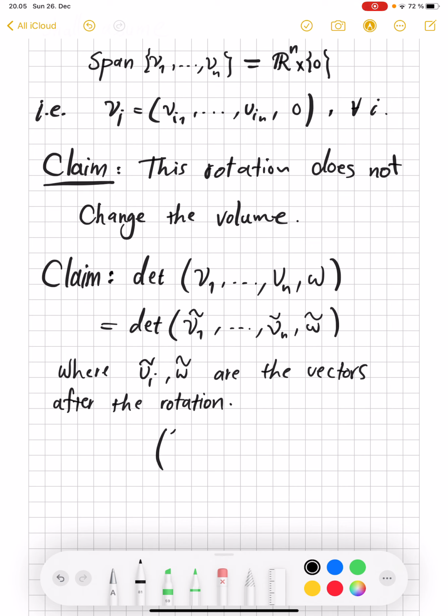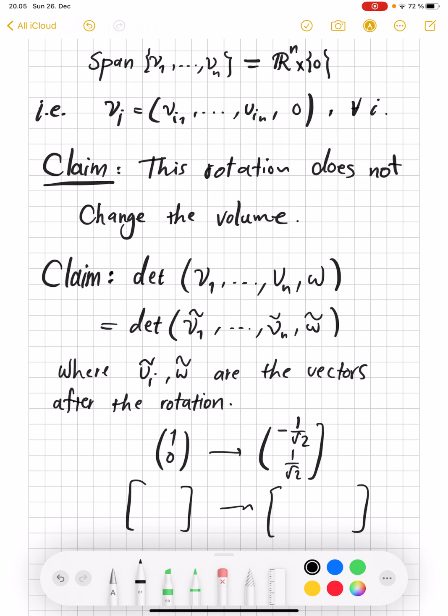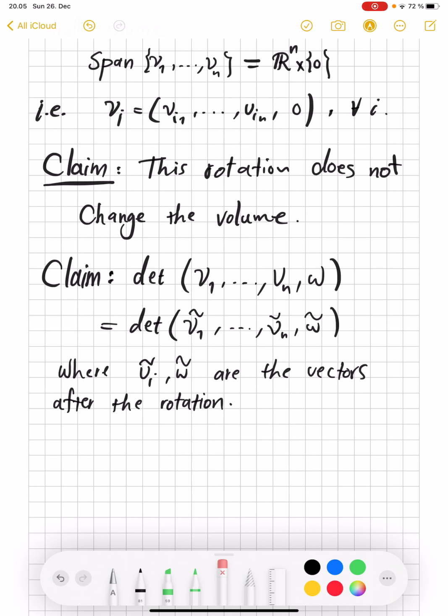A vector like (1, 0) may be mapped to (-1/√2, 1/√2), for example. Now imagine how this (n+m) by (n+m) matrix can change drastically after the transformation. So why is the determinant not changed after this change of coordinate system?